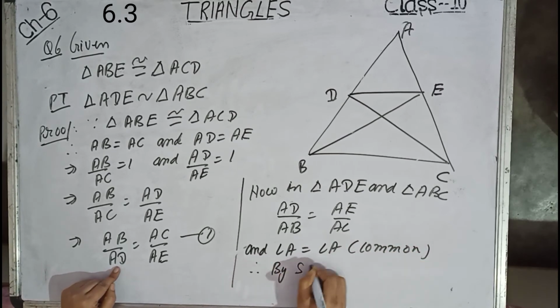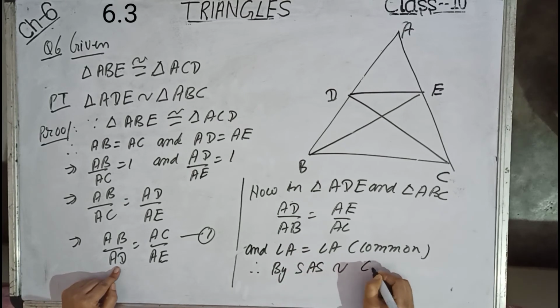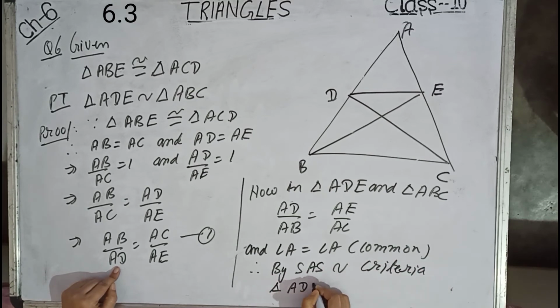Therefore, by SAS similarity, triangle ADE is similar to triangle ABC.